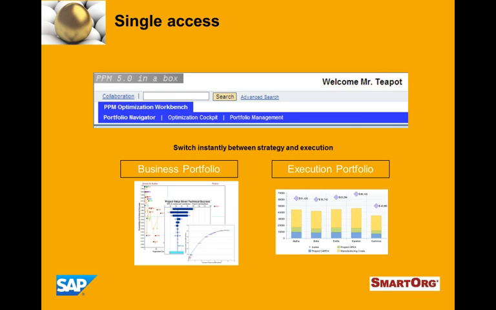And as I said, there's a single access point from PPM 5.0 in a configured dashboard that can say, look, let's look at the business portfolio itself. Let's look at the economic evaluation. Then let's look over to the execution side and see how well we're doing. This can be done at each stage gate or at any time that you feel that you have to take a look at the performance against what you said you were going to do.